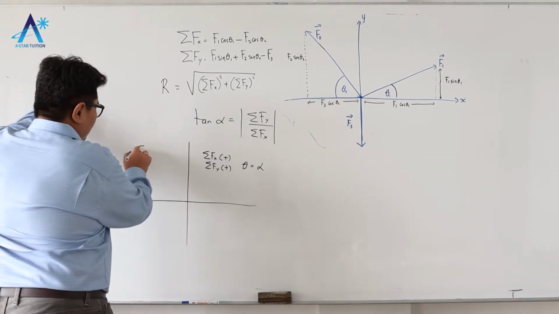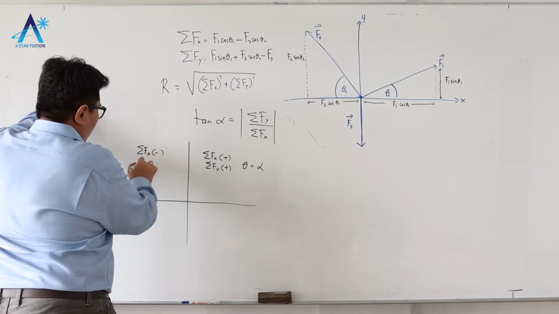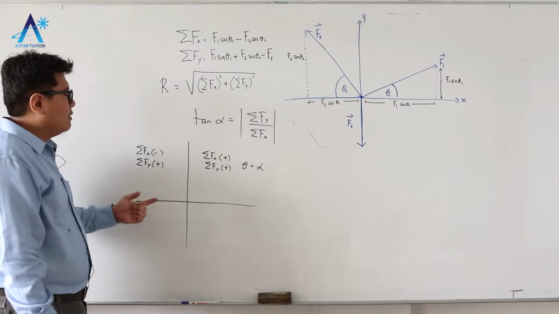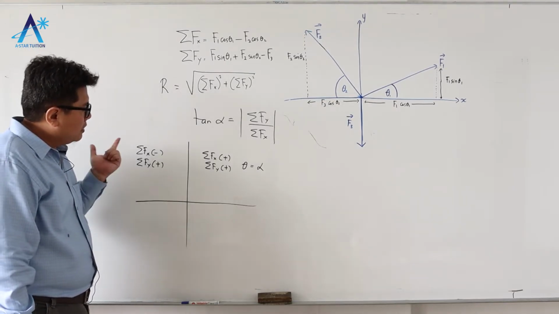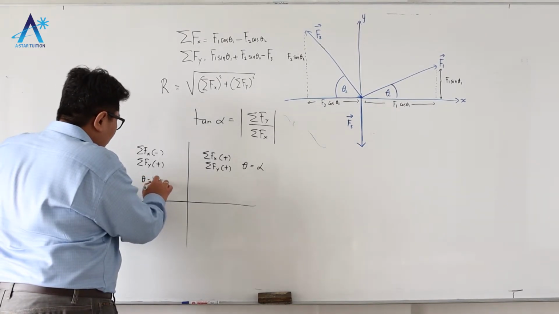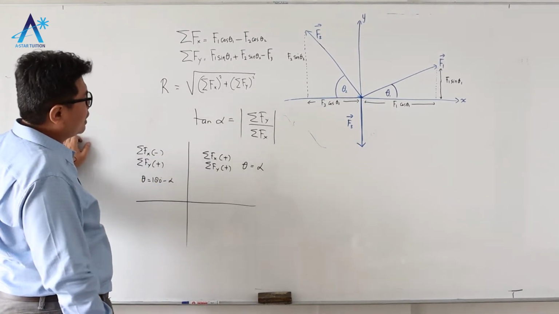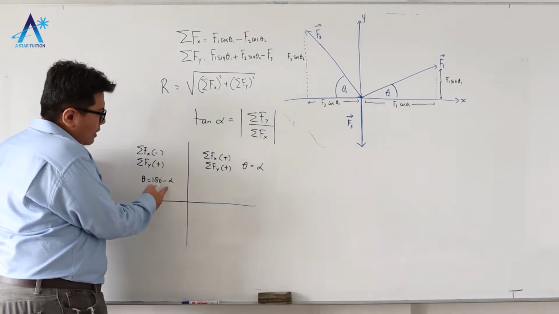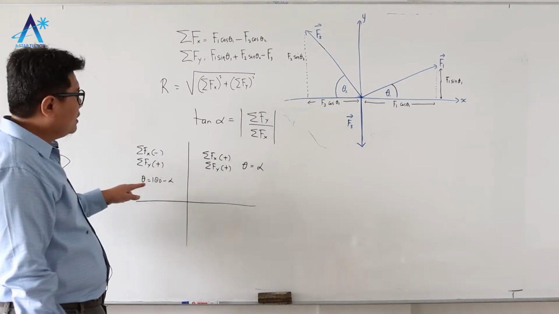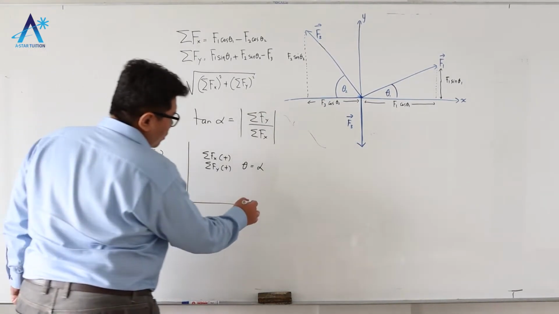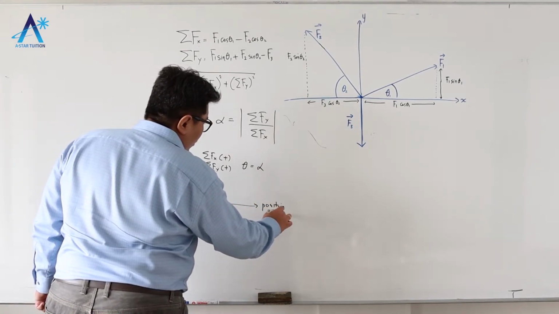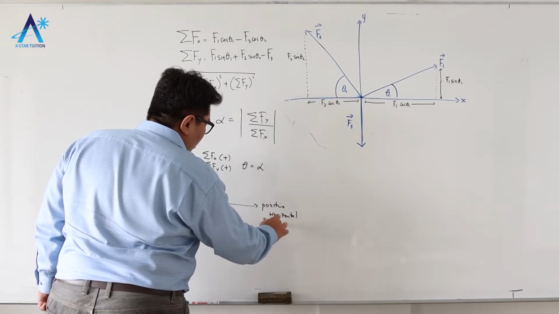But if sigma Fx is negative while sigma Fy is positive, then the resultant force lies in the second quadrant, and theta is 180 minus alpha. Whatever alpha you calculate, you subtract it from 180 to give you the angle. This angle is measured with respect to the positive horizontal axis, going counterclockwise.